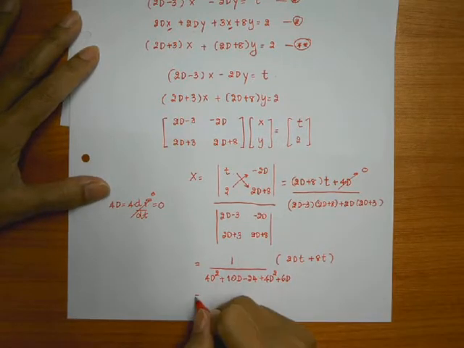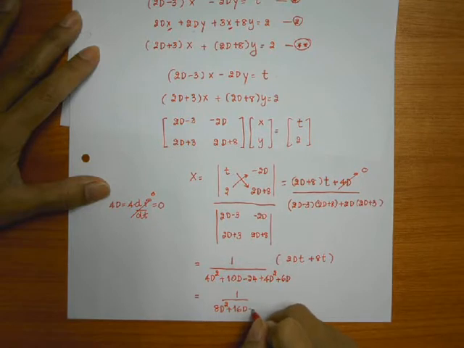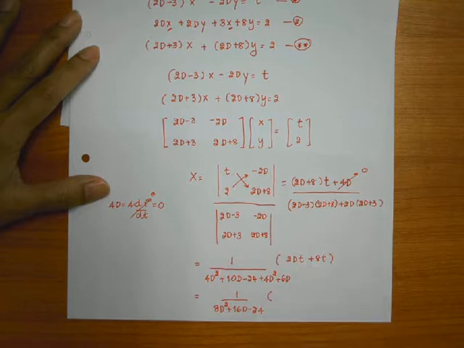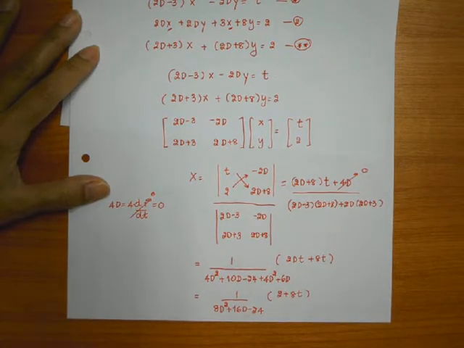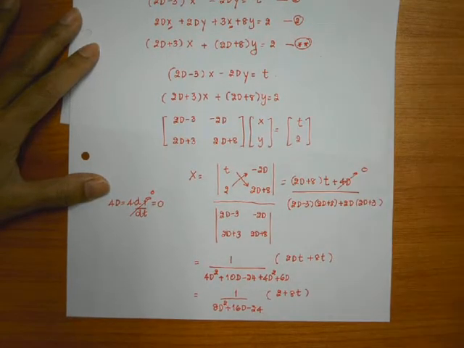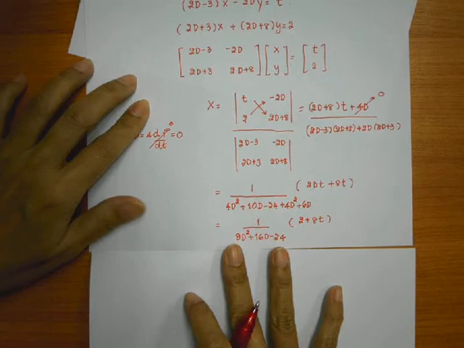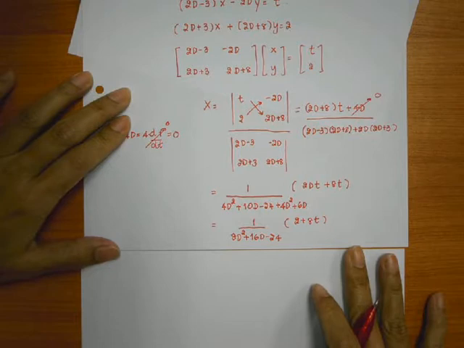Which is equal to 8D squared plus 16D minus 24. 2Dt is equal to 2 times dt by dt, which is 2. Now, if you write this relation in terms of a differential equation, Cramer's rule will give us a differential equation with only one dependent variable.